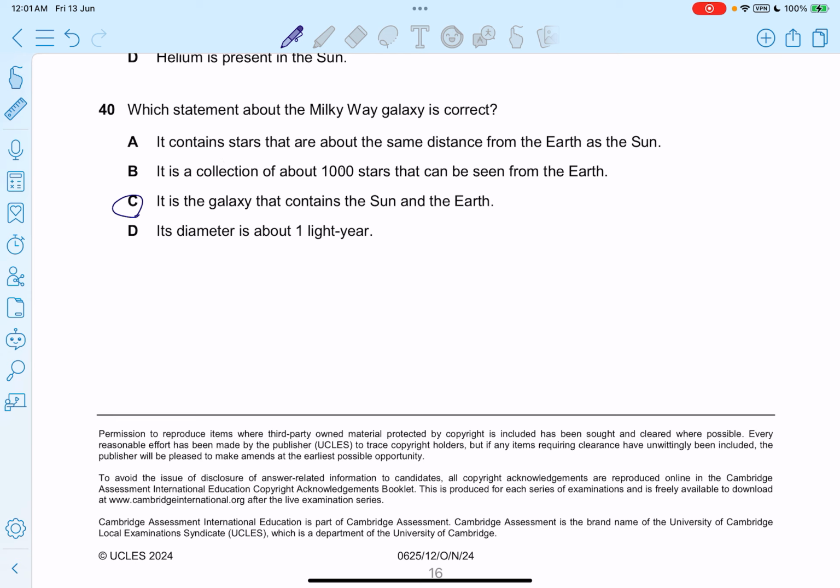If they said it's a collection of solar systems, then that could be right. C. It is the galaxy that contains the sun and the earth. This is correct because this is a fact that we know. D. Its diameter is about 1 light year. That's wrong. There's a specific value for it, which is in the book. So 40 is C. C is the most correct and the most certain one. So just choose that. 40 should be C.